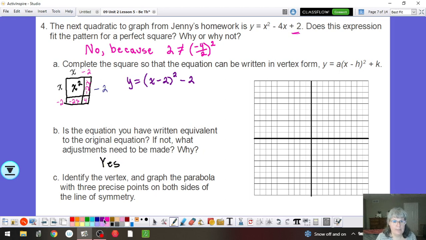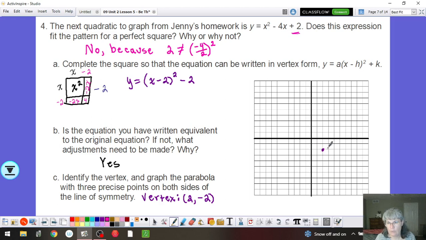Then we need to identify the vertex and graph the parabola. So our vertex, that's 2 to the right, so a positive 2, and 2 down is negative 2. There's our vertex. We don't have any stretch on this, so we can use the anchor points 1, 4, 9 again.